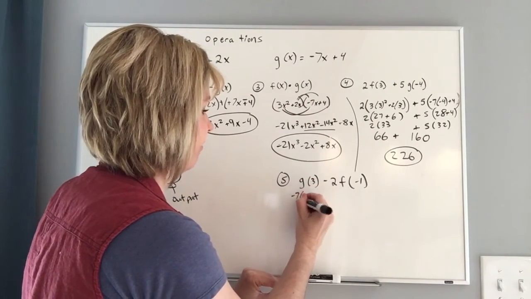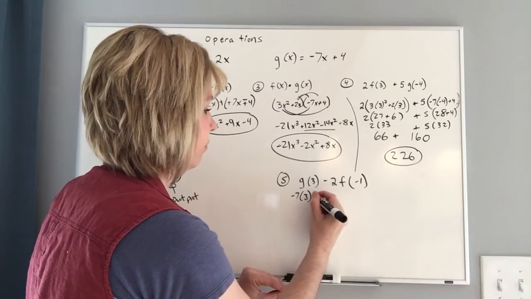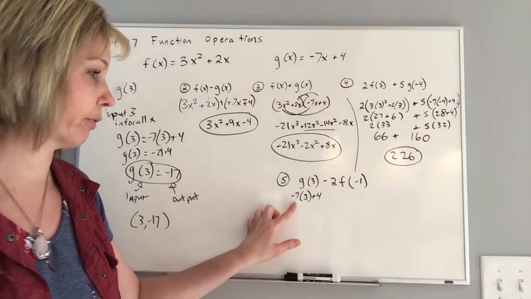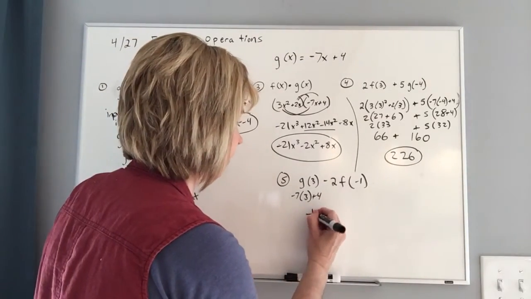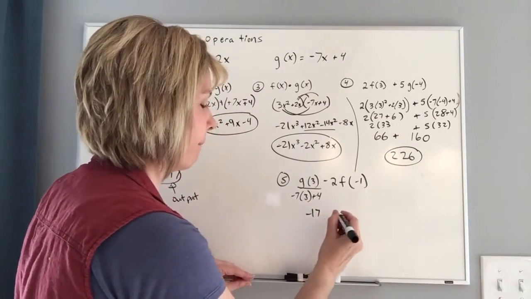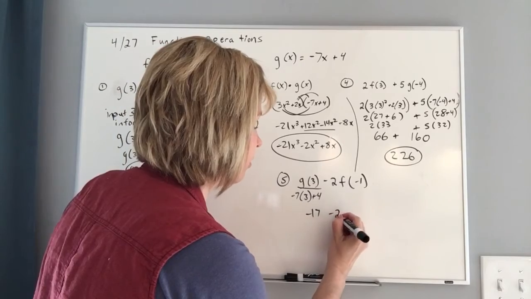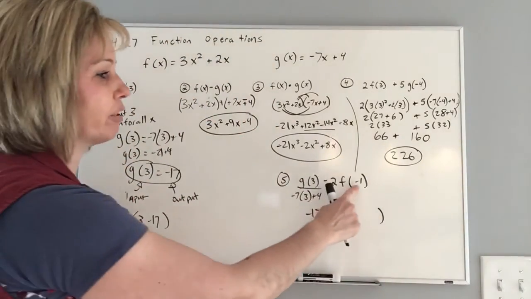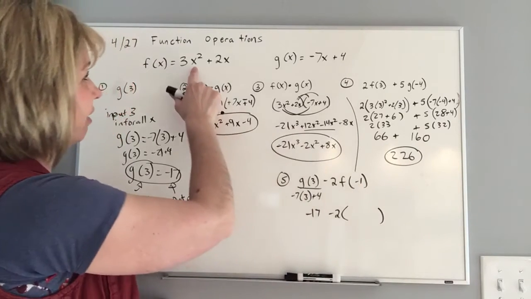We have negative 7 times 3 plus 4. So figure that out, which we already figured out, I think it was negative 21 plus 4 is negative 17. So you want to figure out this part, and then we have minus 2 multiplied by whatever f of negative 1 is. A lot of times I like to do these in my head. I put negative 1 for x.